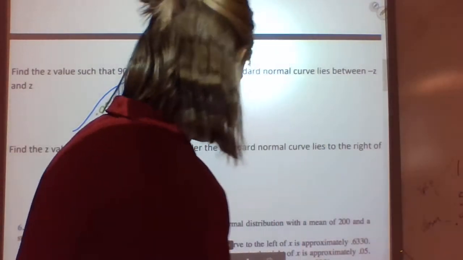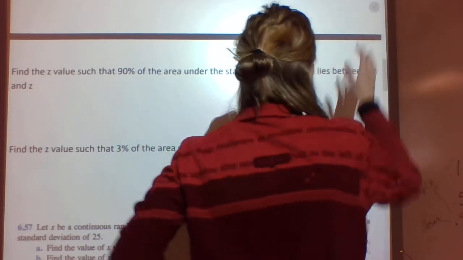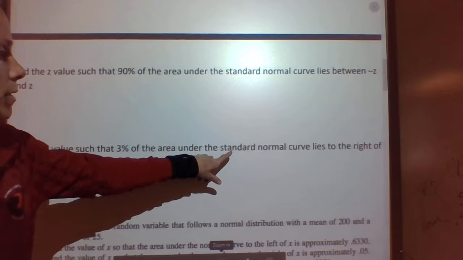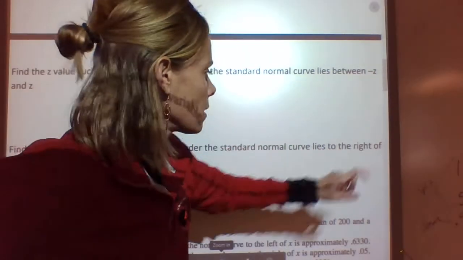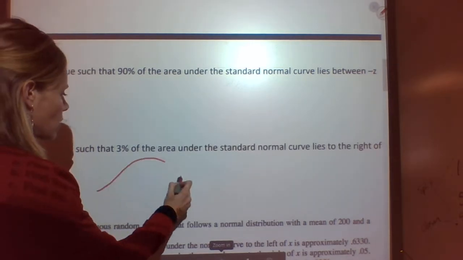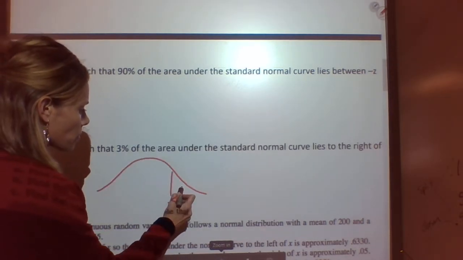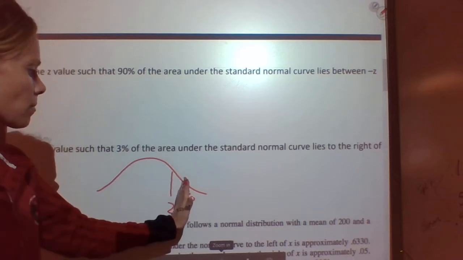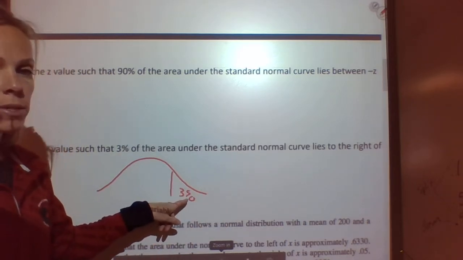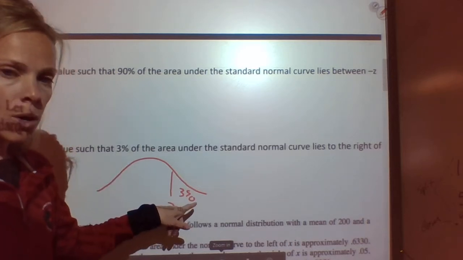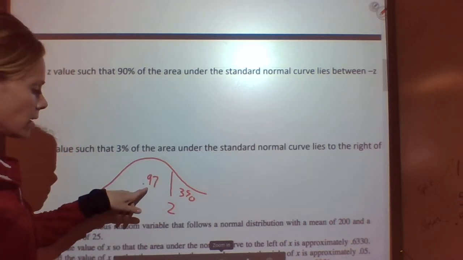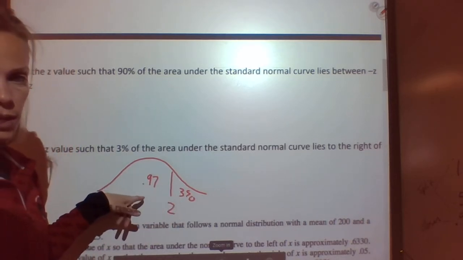Let's do one more here. Find the z-value such that 3% of the area under the standard normal curve is to the right of that z-score. Okay. So like I say, if in doubt, sketch it out. I want 3% to the right of the z-score. Now, I can look up 3% and do the opposite number, or what's a little bit easier is I can look up 0.97 because now I have 100%.